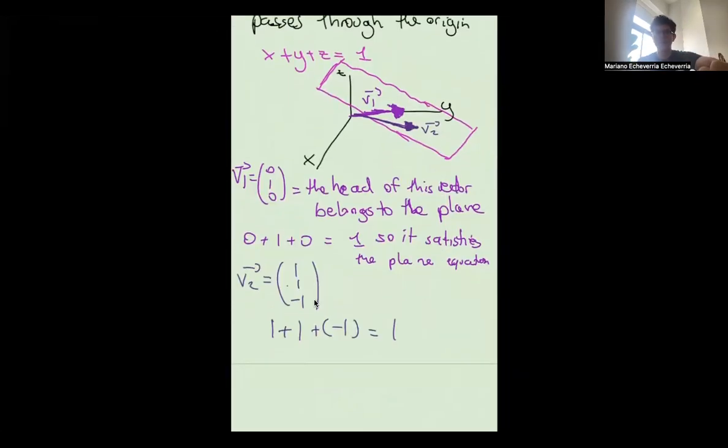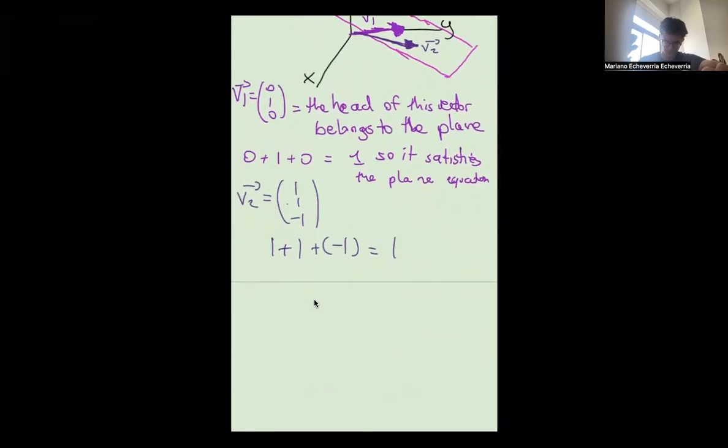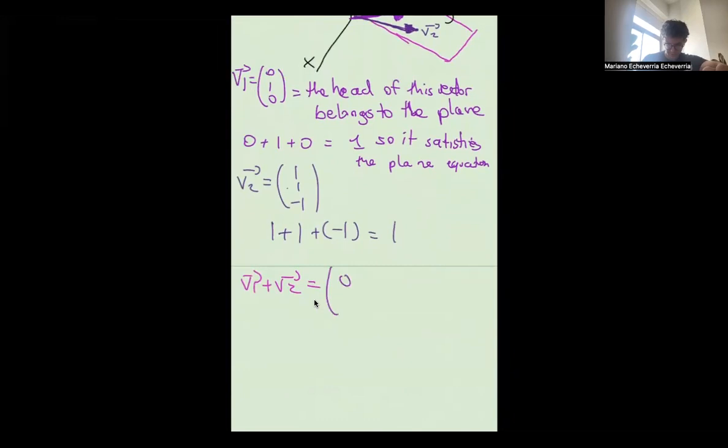But what happens if we add these two vectors together? What happens if we do v1 plus v2? What do we get here? We get 0, 1, 0 plus 1, 1, -1.